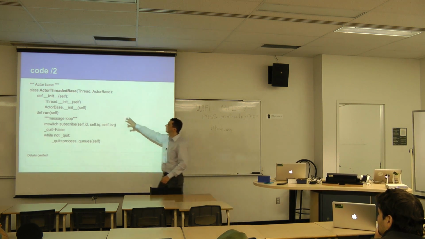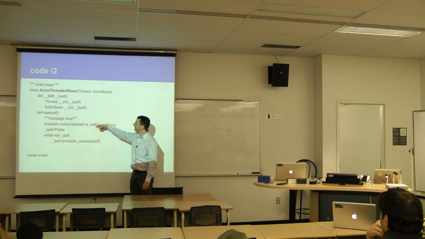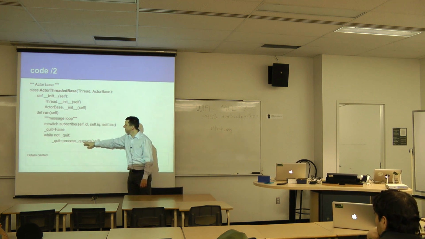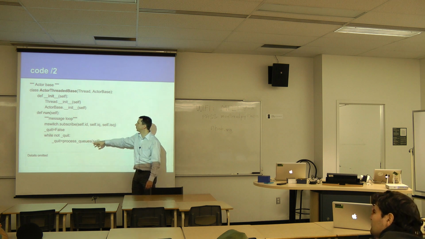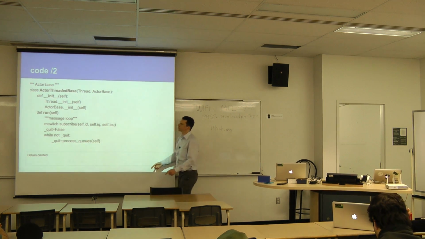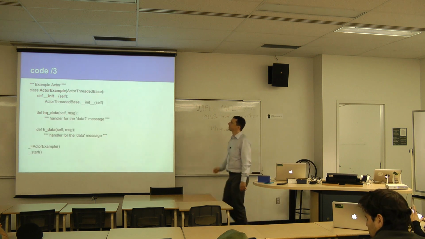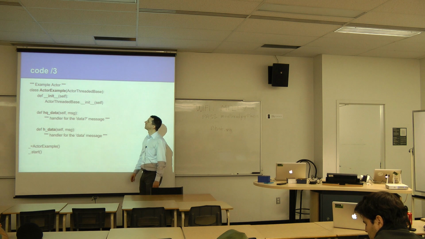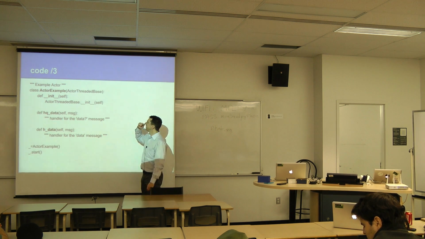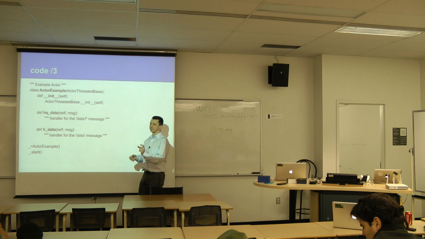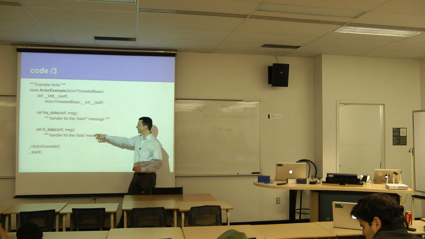So each actor, the base class of the actor, would have a message loop, and this function would dispatch the message to the actor, which I'm going to show you an example of. So in the base class, when the dequeue process or the dispatcher receives a message, based on the type of the message, it dispatches to handlers.